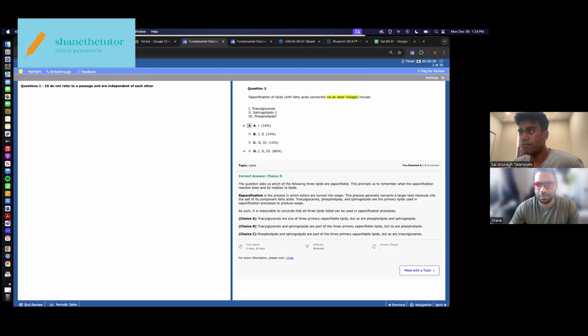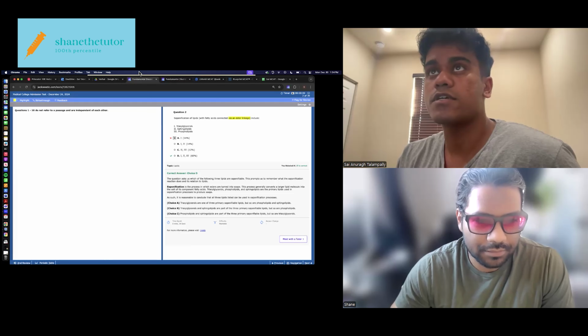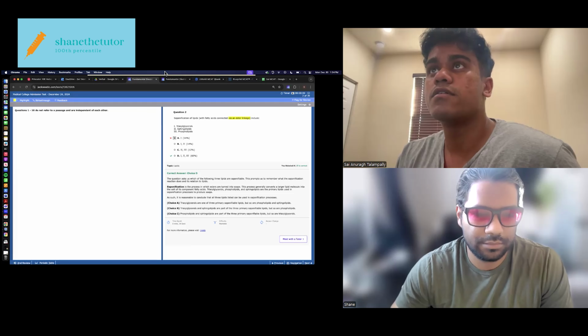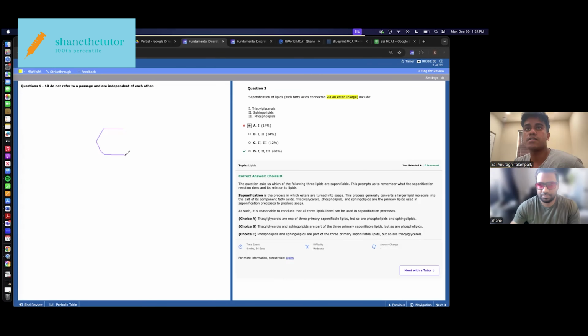Okay, well, what can you tell me about a sphingolipid? Okay, so it's something like this, right? It has an OH and an OH, then a long chain.